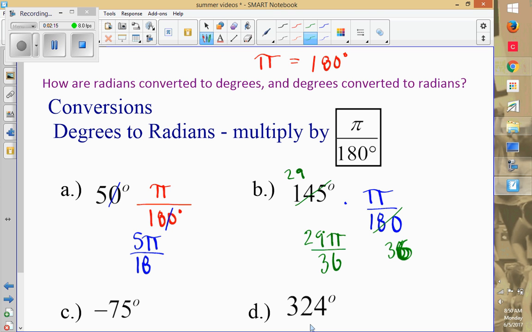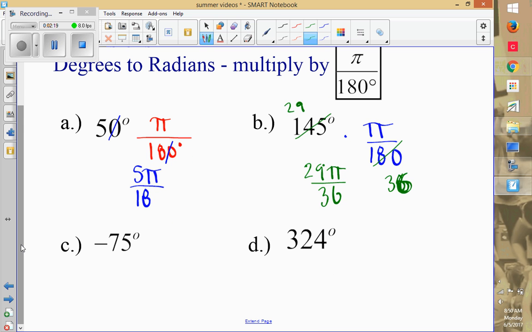We can do this with negative degrees as well. The negative is not going to change anything. So we end up still having the negative in there.